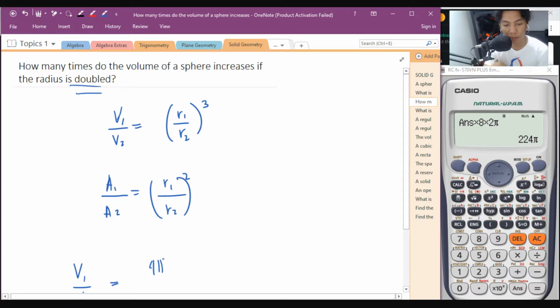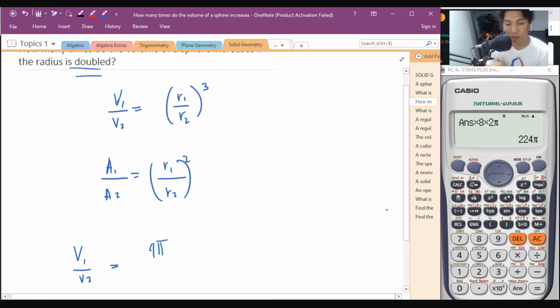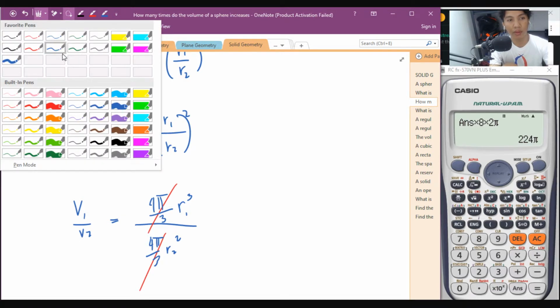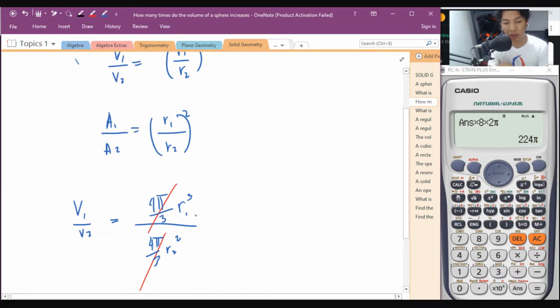Pakikita ko lang. 4 over 3 pi r cube, R1 over 4 pi over 3 R2 cube. So, makakancel mo dito yung same unit or same value. 4 pi over 3. Parehas. Diba? So, if parehas, nakuha natin ito, yung ating formula.